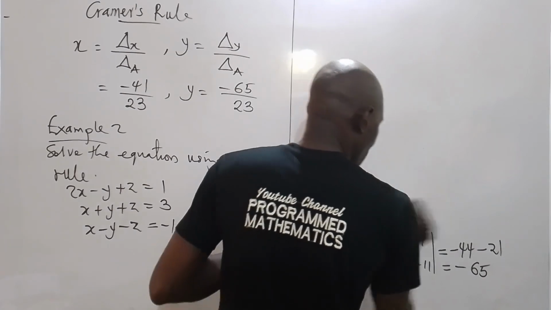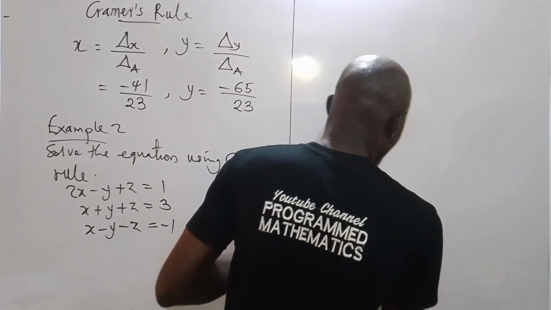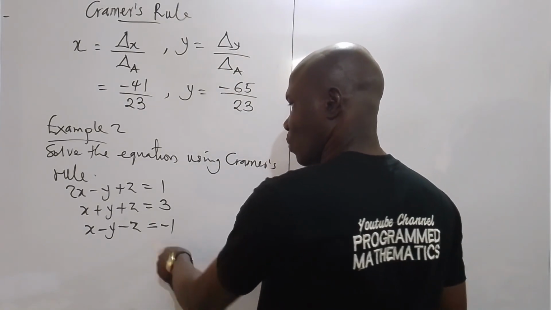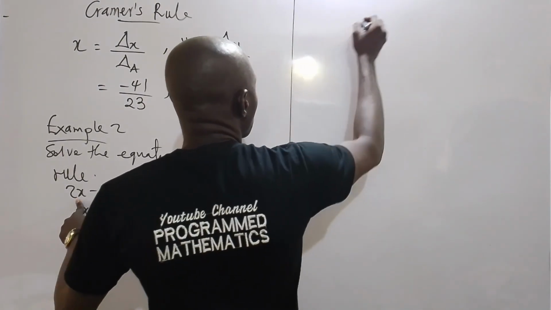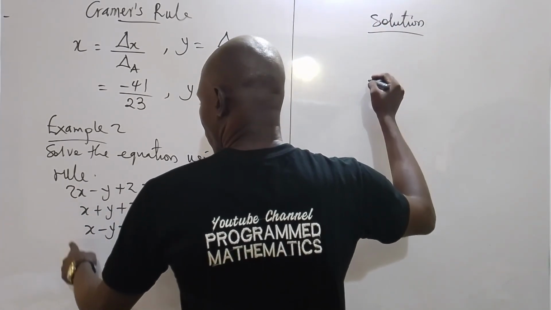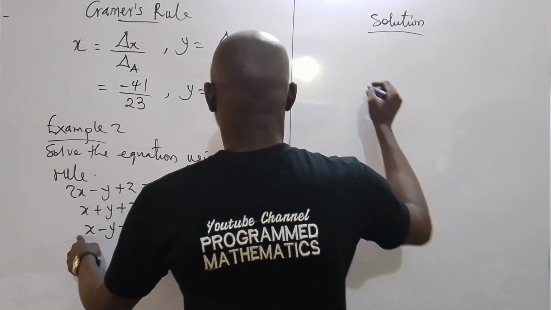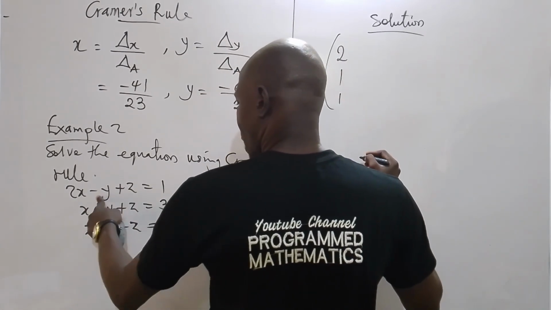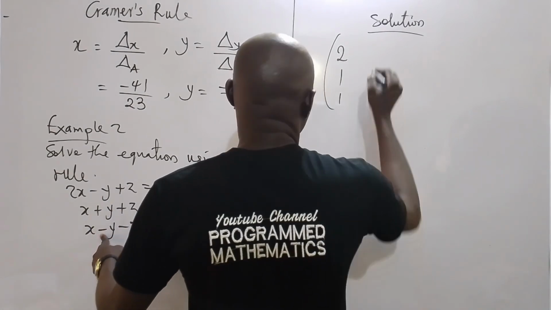Now to solve this problem, first we translate the equation into matrix form. So the coefficients of x are 2, 1, 1. Then for y, minus 1, plus 1, minus 1.